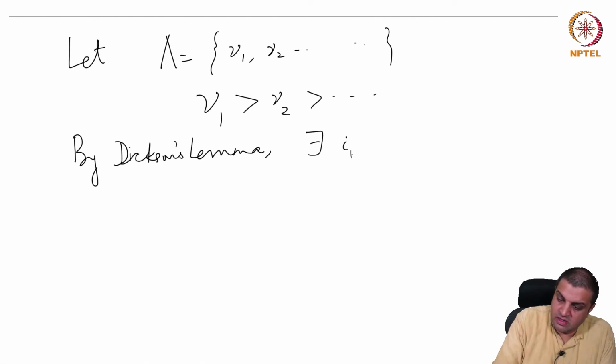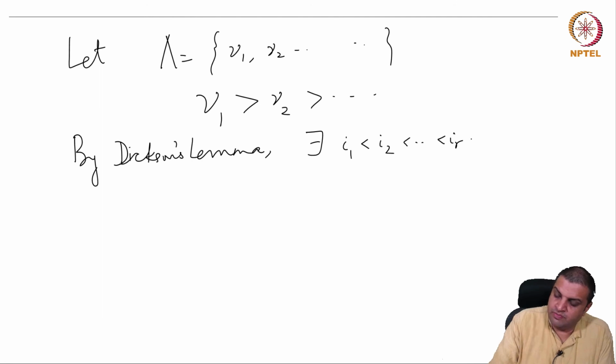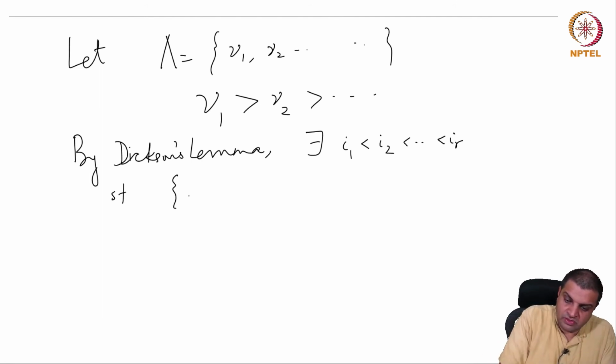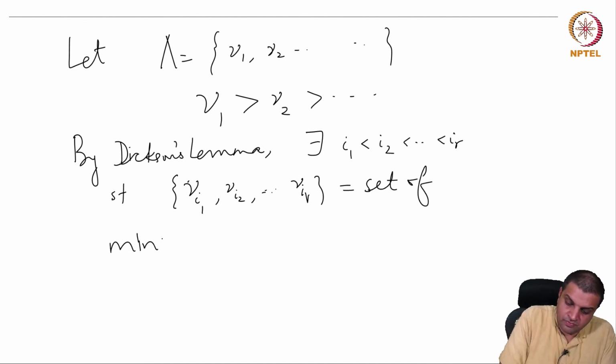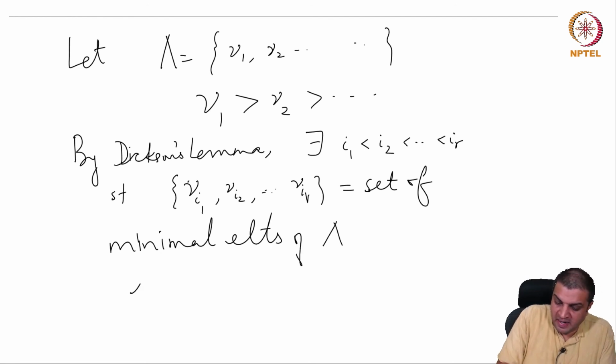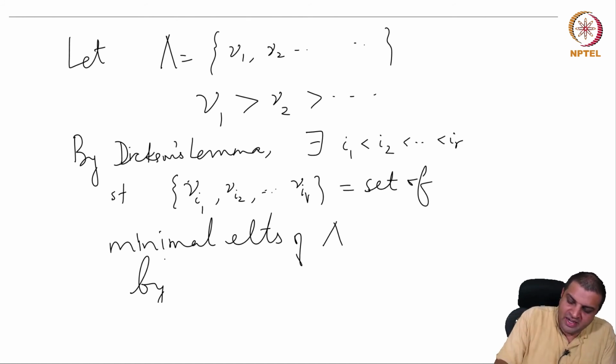There exist i1 less than i2 less than ir such that nu i1, nu i2, up to nu ir is the set of minimal elements of lambda by divisibility. In this sentence we are using order and divisibility simultaneously. Minimal here means by divisibility.